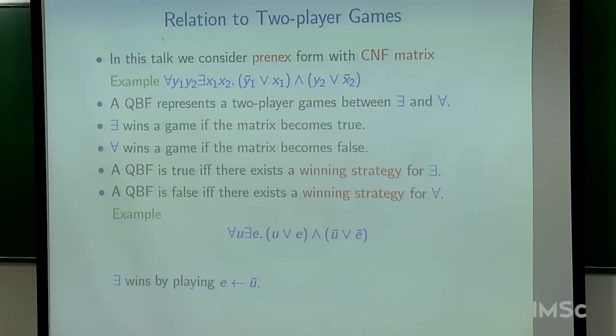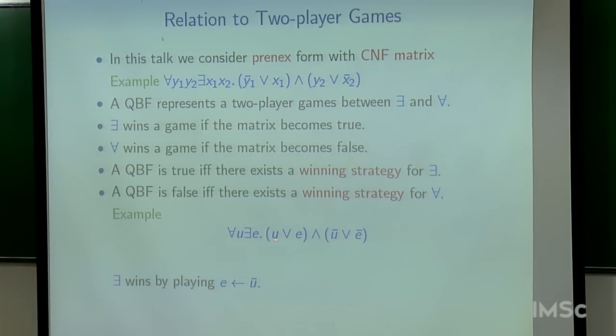No matter what the universal player plays in the first round, the existential player can respond and always win. The existential player always plays the opposite of what the universal player plays for u on the variable e, and will always win, as you might see.